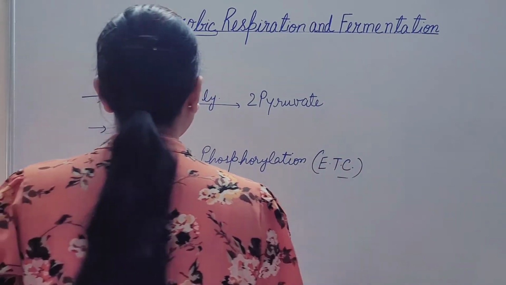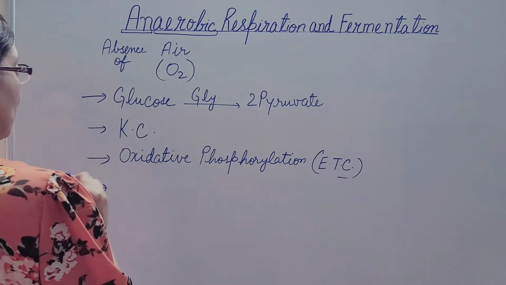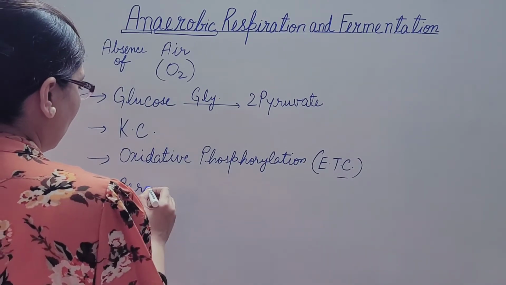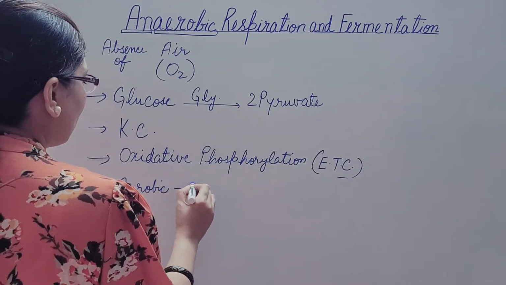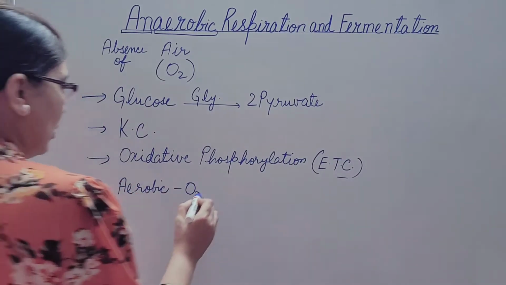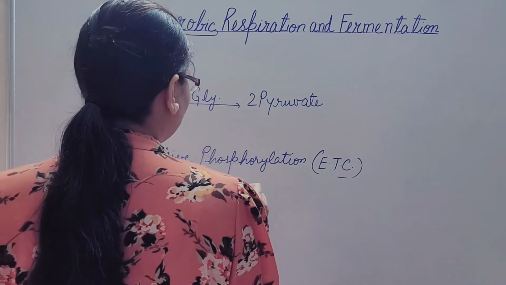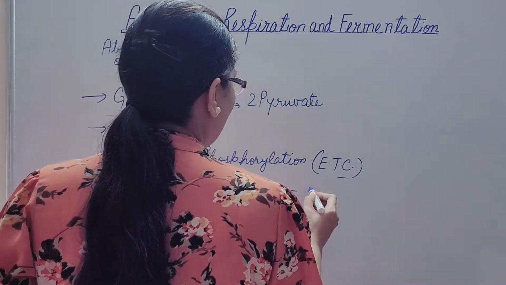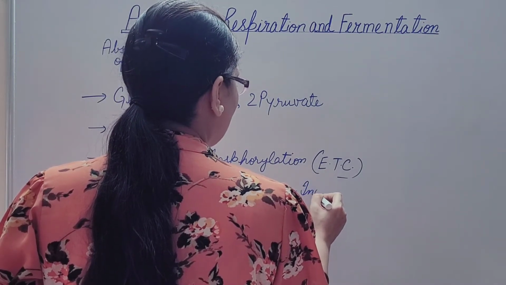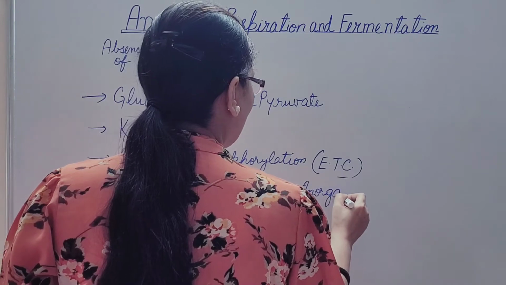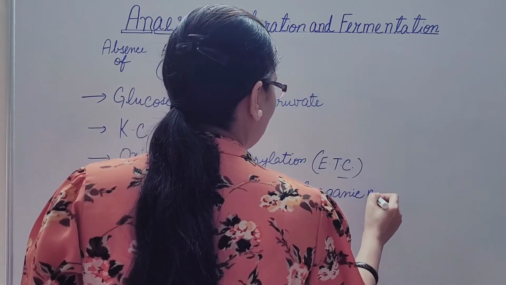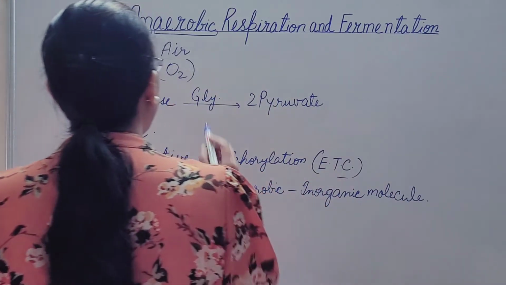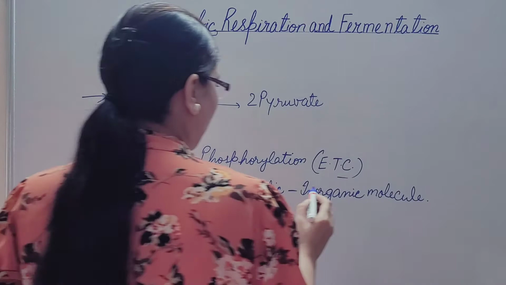Now here we can see the difference. In aerobic respiration, the final electron acceptor is molecular oxygen, but in anaerobic respiration, the final electron acceptor is not molecular oxygen, it is an inorganic molecule, because this type of respiration is taking place in the absence of molecular oxygen.